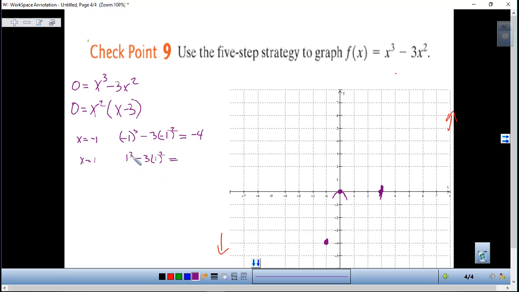And then that's going to be 1 cubed, which is 1, minus 3, which is going to give me -2. Alright, and I'm going to go ahead and put in 2 while I'm at it. 2 cubed minus 3 times 2 squared. So 2 cubed is 8. 2 squared is 4. And 4 times -3 is -12. That's -4 as well.